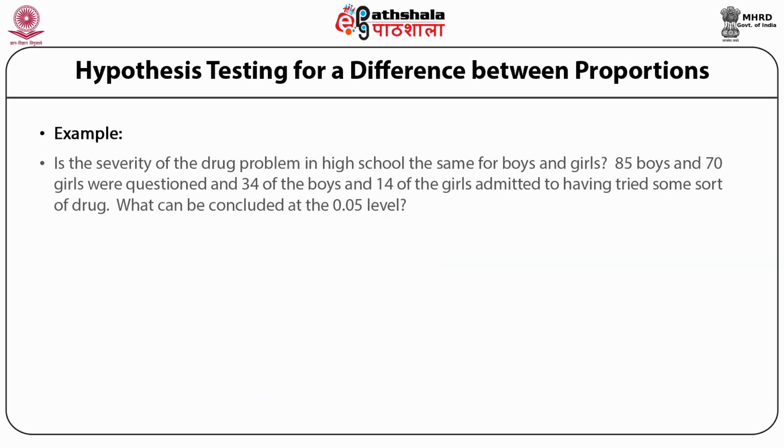In this example, is the severity of the drug problem in a high school the same for boys and girls? 85 boys and 70 girls were questioned, and 34 of the boys and 14 of the girls admitted to having tried some sort of drug. What can be concluded at the 0.05 level?